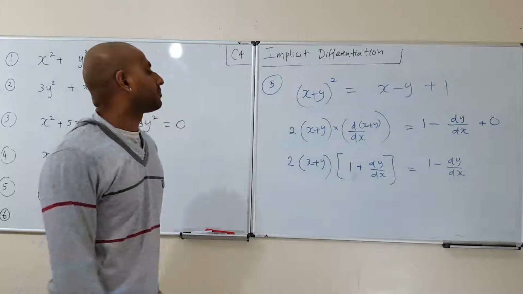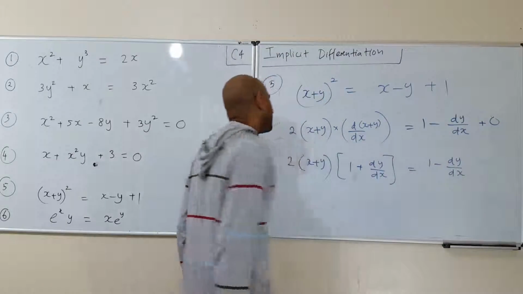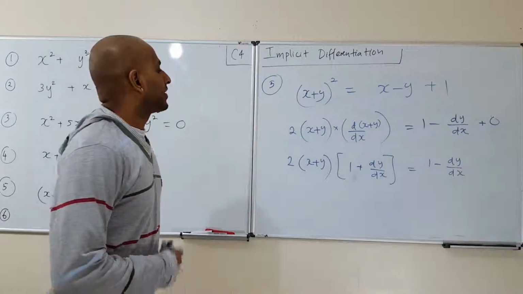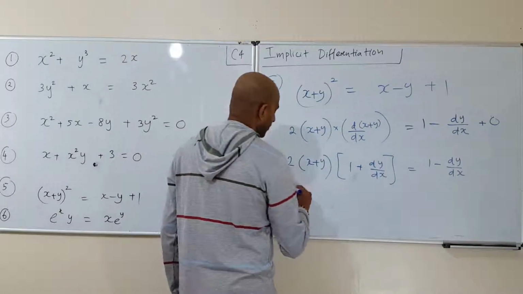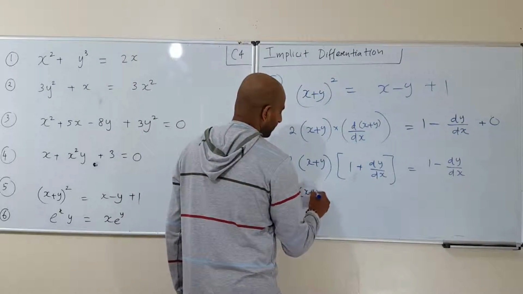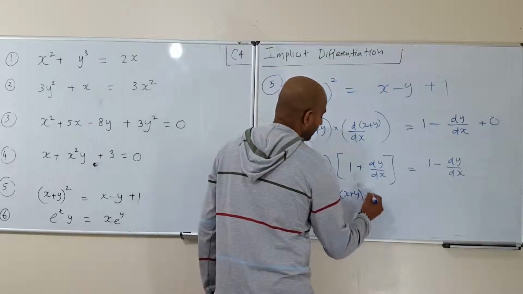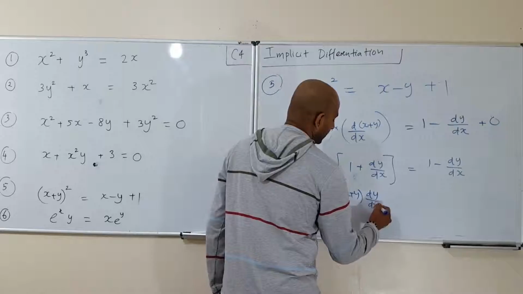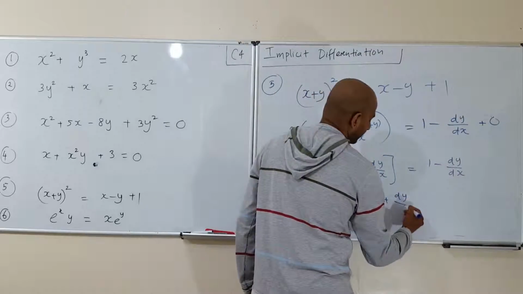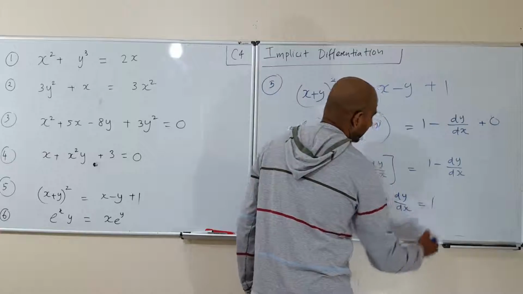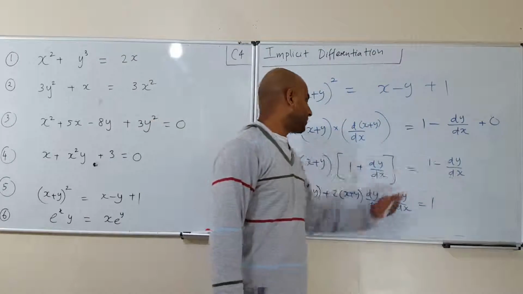Okay. Now what we require as subject is dy/dx, isn't it? So the only way we can do it is probably expand it and get all the dy/dx to one side. So 2(x plus y) plus 2(x plus y) dy/dx, expansion, plus I'm going to bring this one to this side, dy/dx equals 1, because I brought this one here as well.